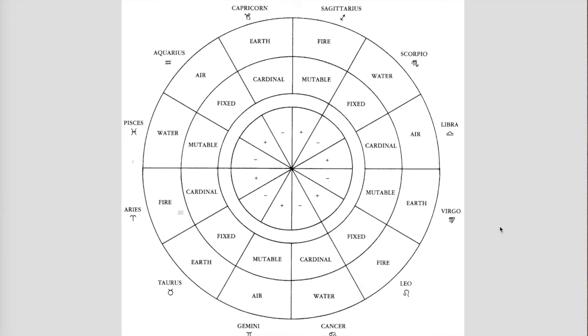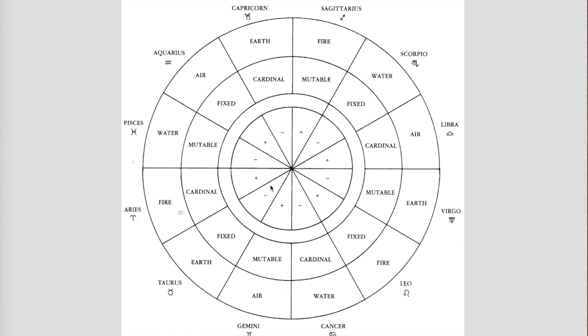So just for brief review, from the inside of the circle, the plus and the minus, representing the masculine and the feminine. It has nothing to do with positive or negative, although you could think of those as positive and negative electrical charges. But really, that language is distorted even in the scientific sense. These are polarizing forces.